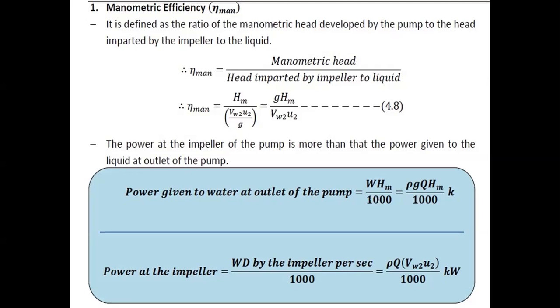The power given to the water at the outlet of the pump is W HM upon 1000, that is, rho g Q HM upon 1000 kW. The power at the impeller is the work done by the impeller per second upon 1000, so rho Q Vw2 U2 upon 1000 in kilowatt.